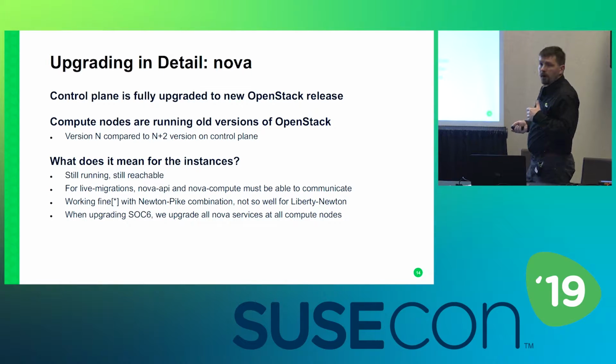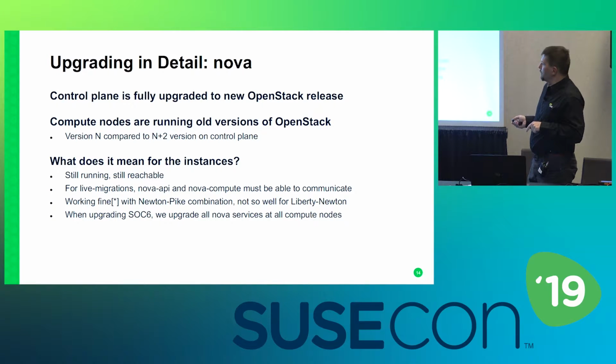So Nova on the control plane needs to communicate with the Nova compute service that is running on the compute nodes. Now, this seems to be working fine mostly when we are doing this upgrade from Newton to Pike, that is from Cloud 7 to Cloud 8.